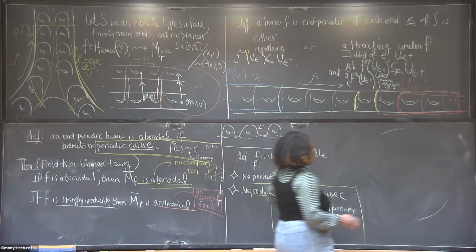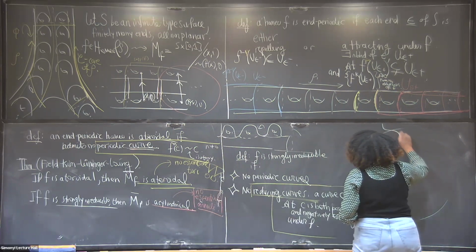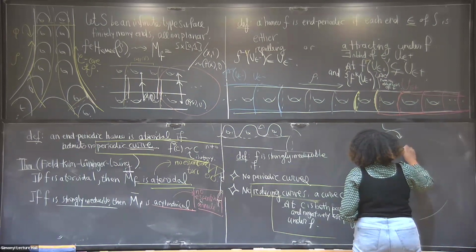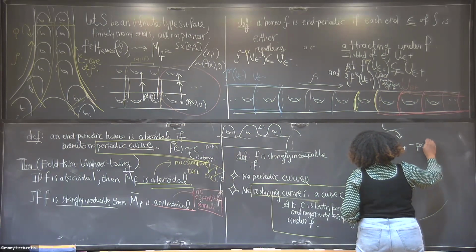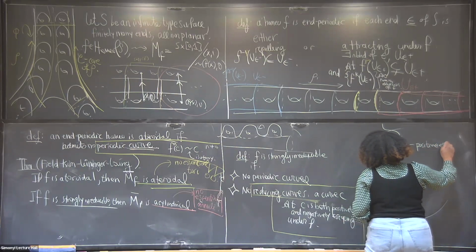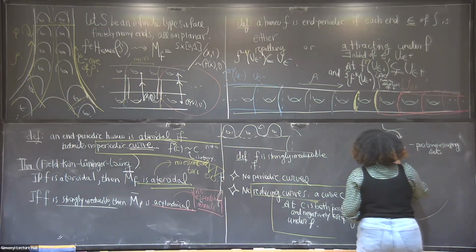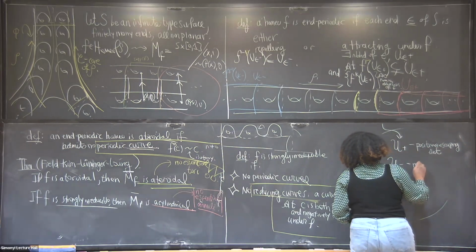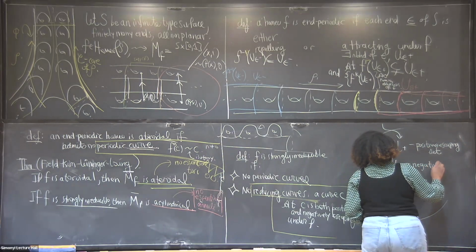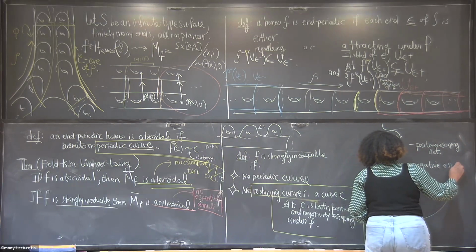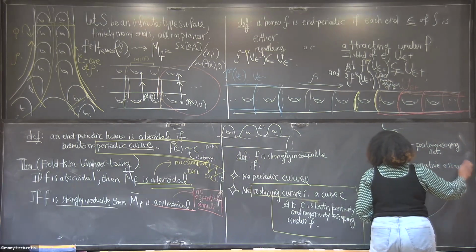But maybe I should say in general, this homeomorphism already gives me a notion of the positive escaping set and the negative escaping set, as a subset of the surface.